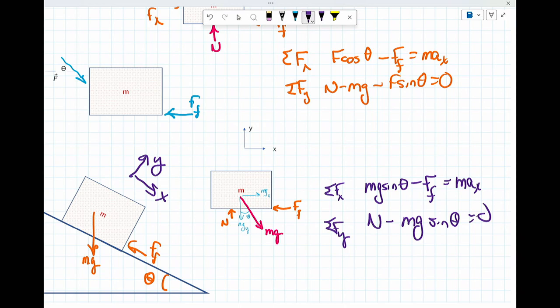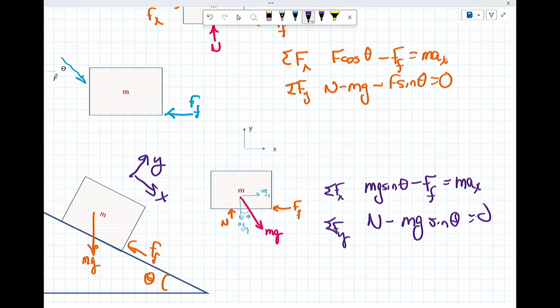And so you're asked for all sorts of things like how do you calculate, or what's the acceleration. And we'll talk again a little bit about what this force of friction is. But the important thing is you orient this system so that x is parallel to the direction of motion.